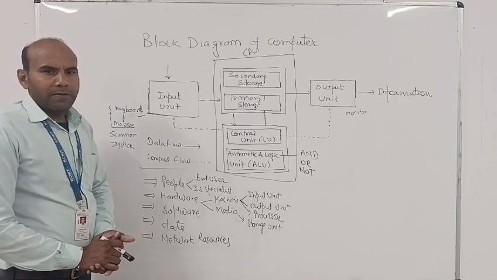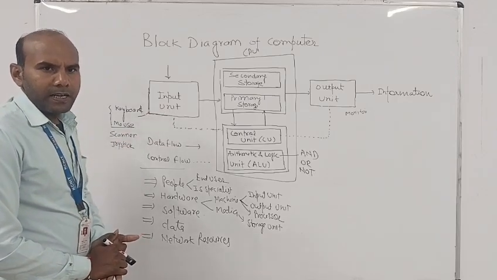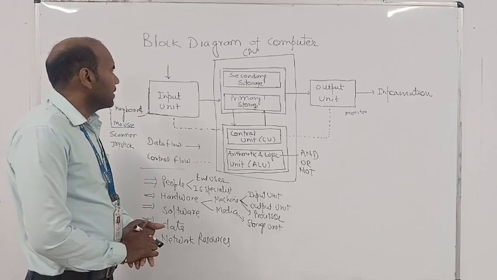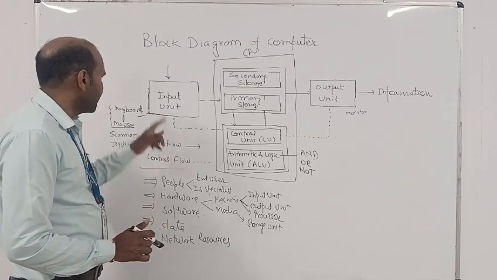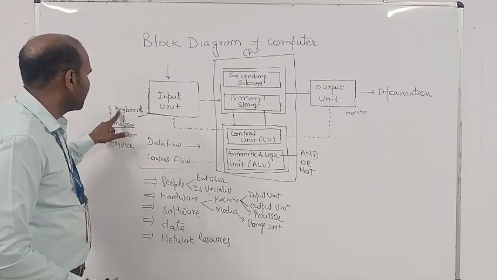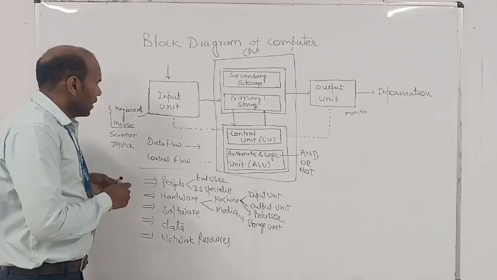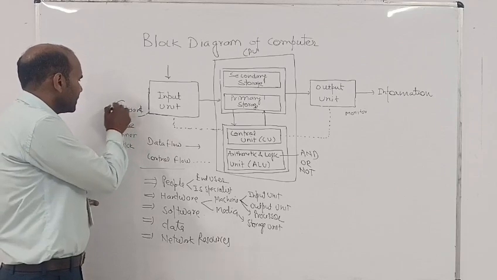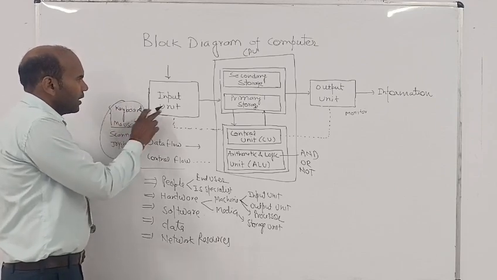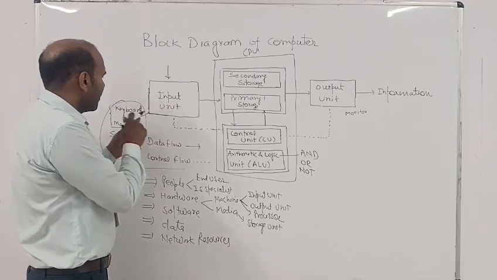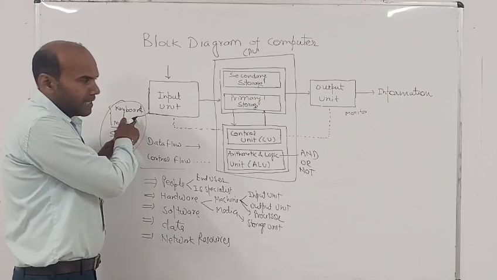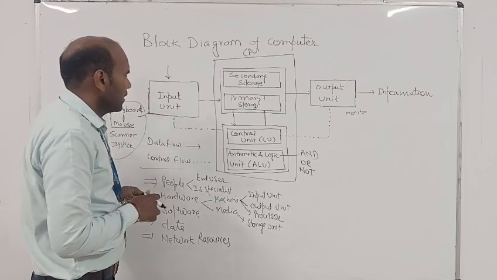Basically, the input unit involves capturing and assembling elements that enter the data for processing. Input units are like the keyboard, mouse, scanner, and joysticks. These are the input devices.